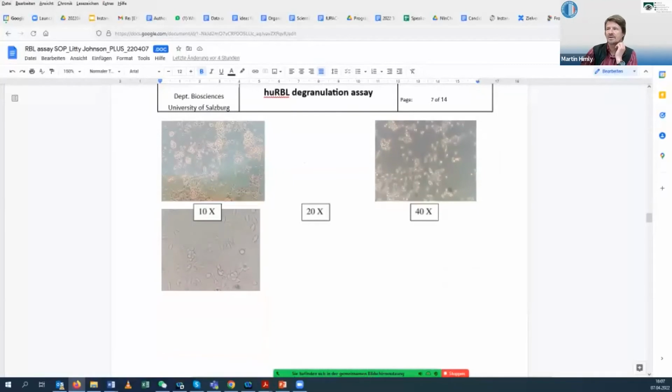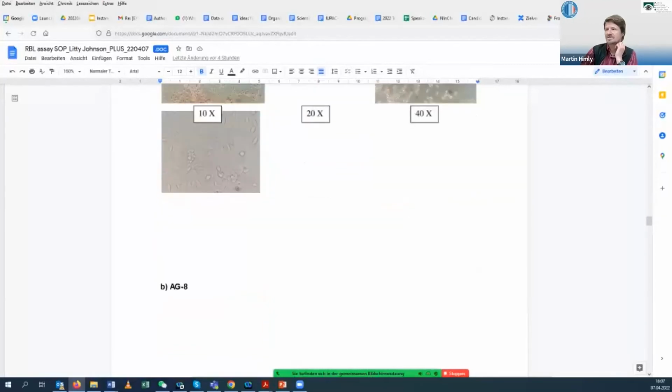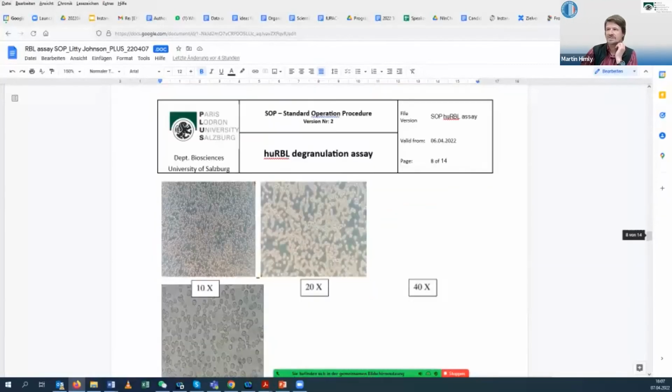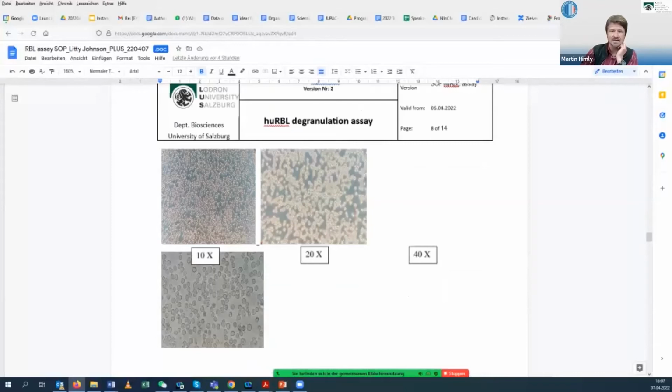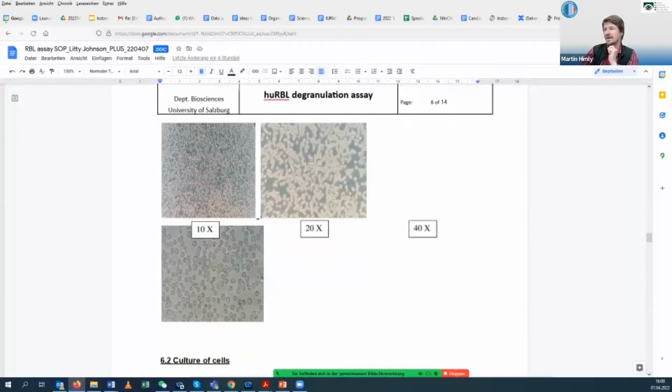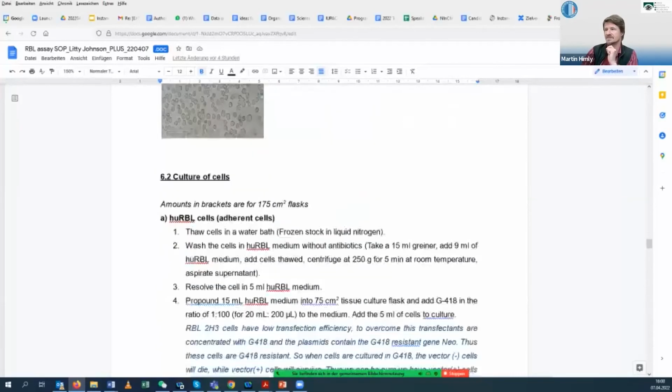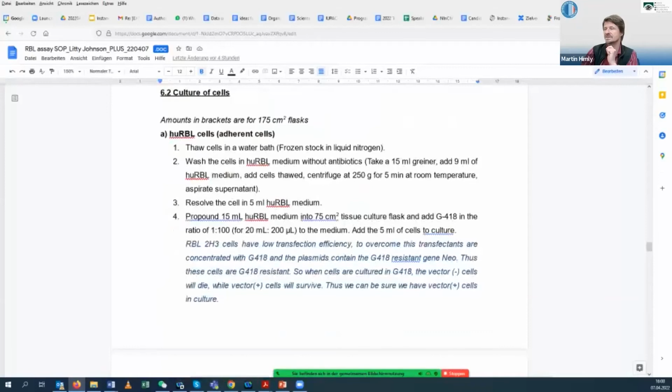We check them, how they look, the morphology checks, so there is some information on that. The same applies to the cell line which is used for inactivating the complement, which might be activated in some of the sera that you address here.